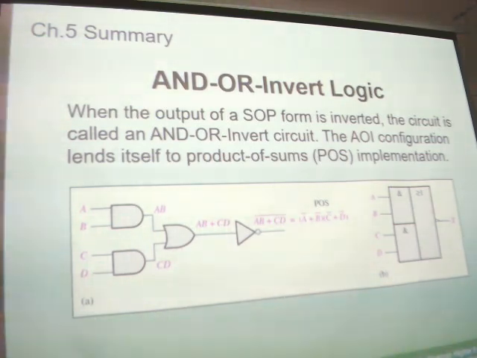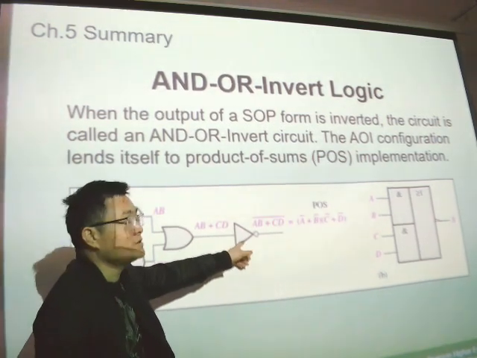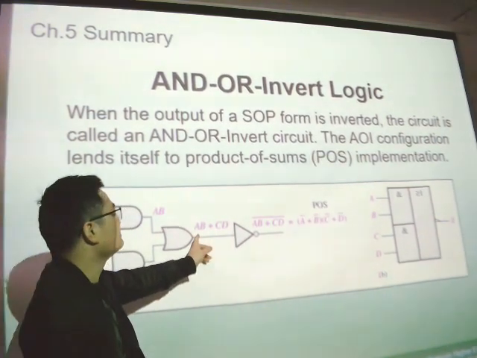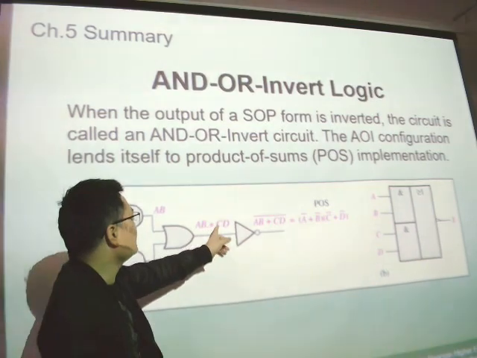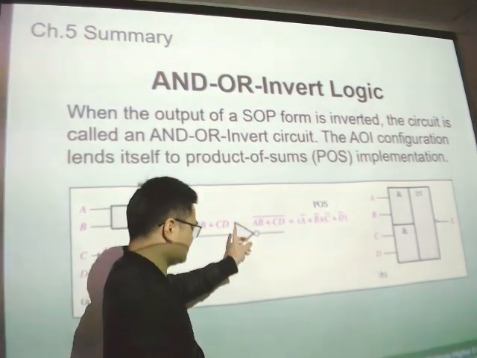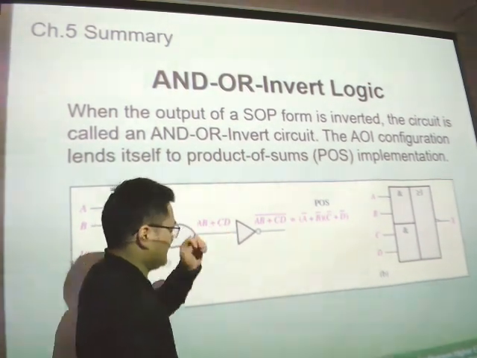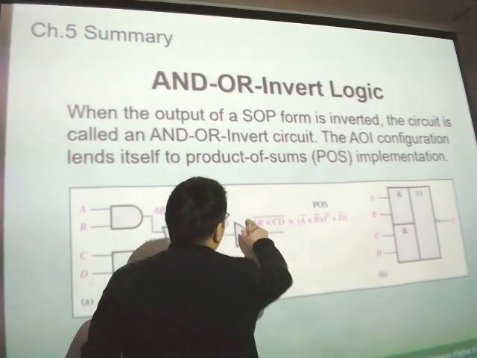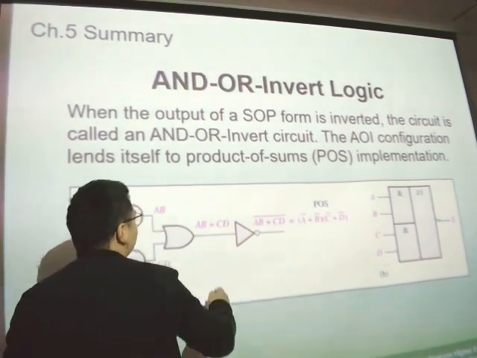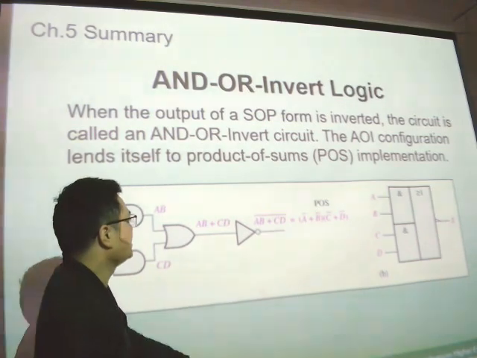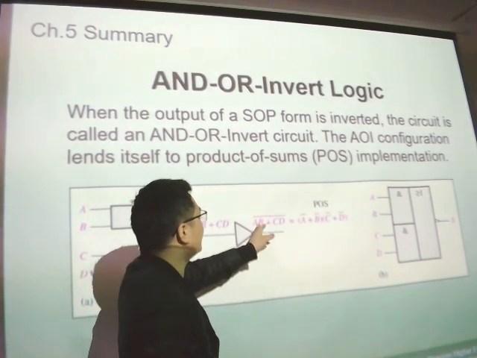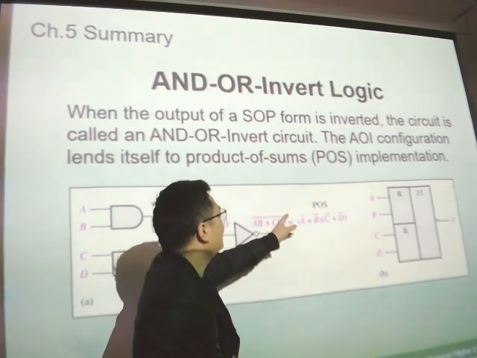For example, if we add an inverter to the output, then the last output is AB plus CD, inverted.